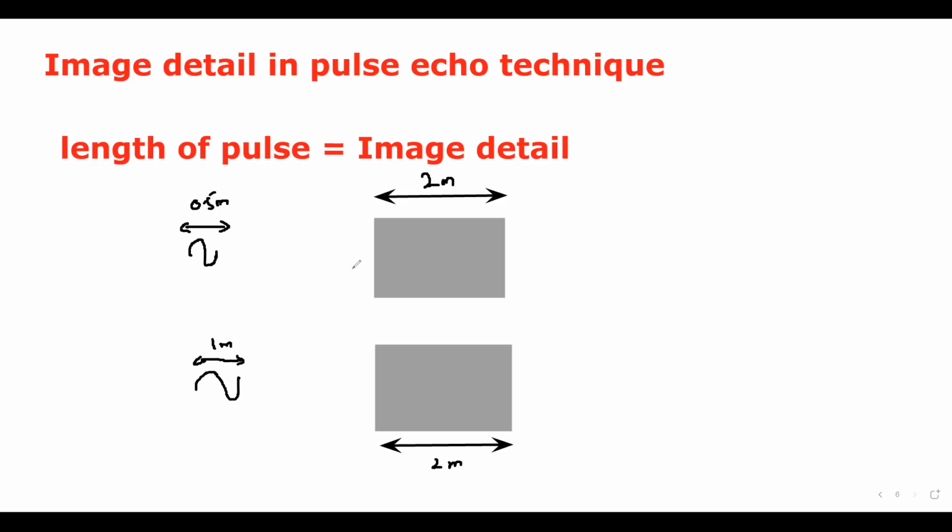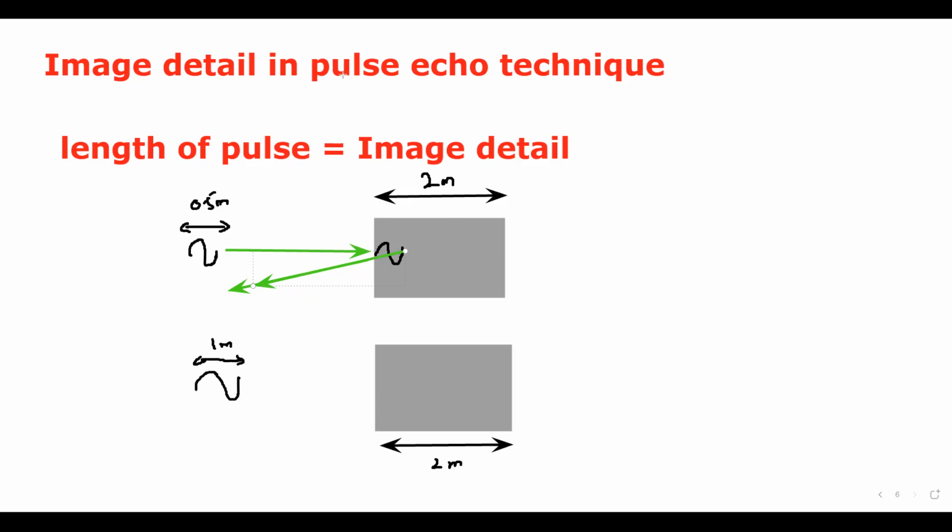Now what will happen when this pulse is sent? When the pulse is sent, the first part of the pulse will reflect from the surface, because when it changes the medium, part of the pulse will reflect. Then, when the pulse has completed one cycle of 0.5, part of the pulse will be reflected and bounce back. Then after completing another 0.5, part of the pulse will bounce back.